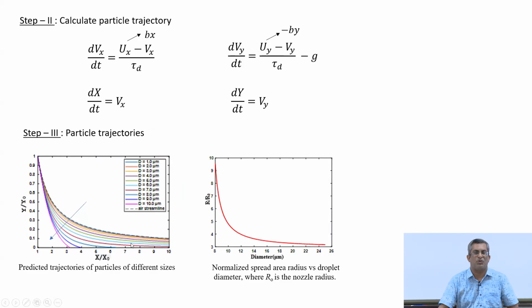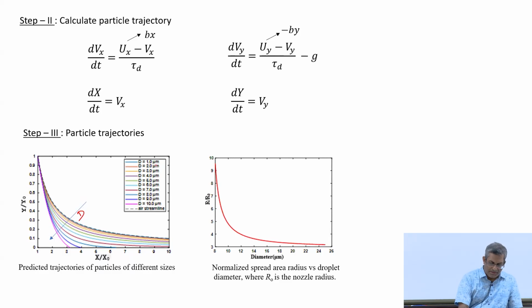and here some results are shown. Here you see the particle trajectories for the particle size ranging from 1 micron to 10 micron, and as expected, as you increase the particle size, its trajectory shifts towards left.